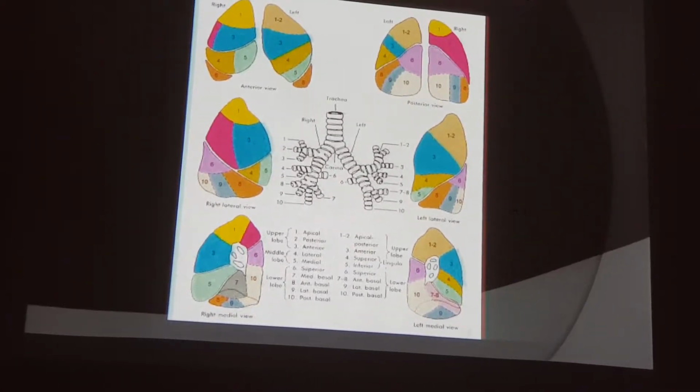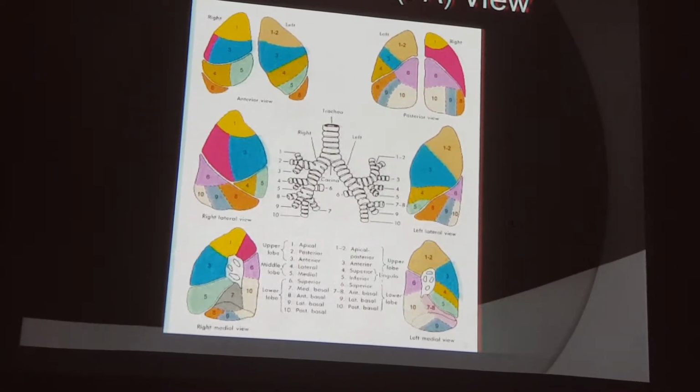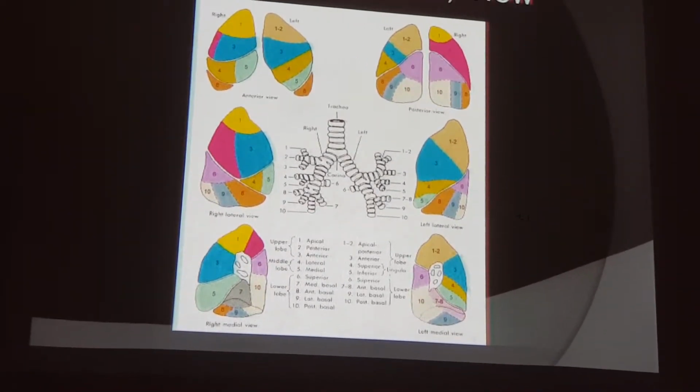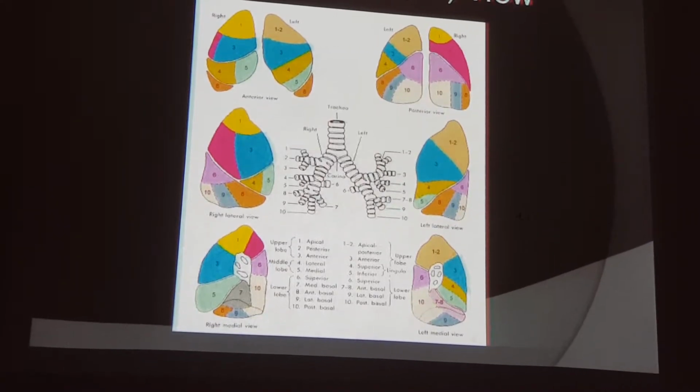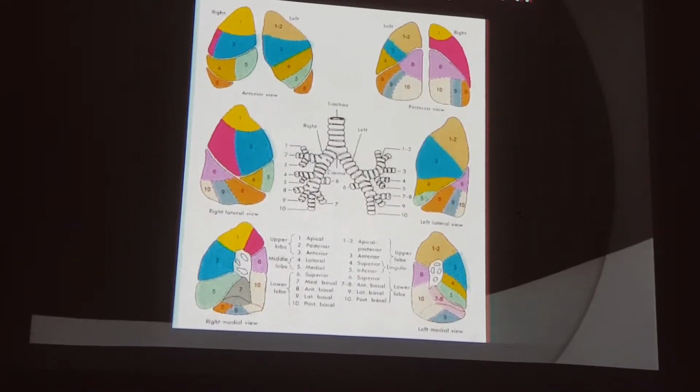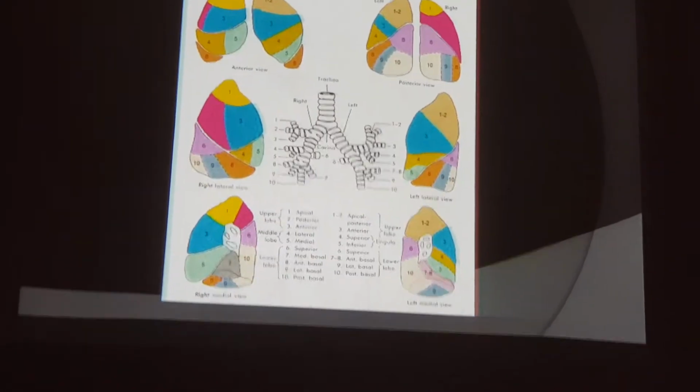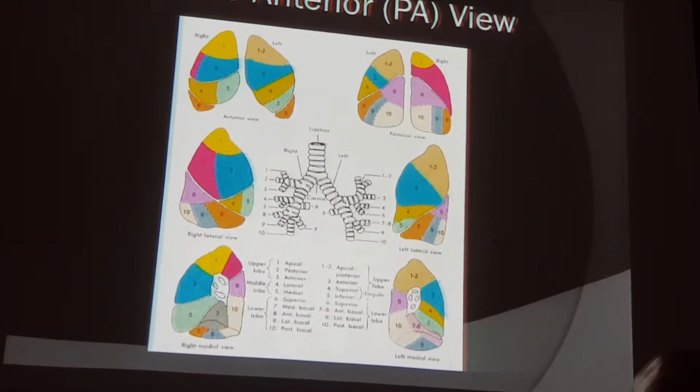If I can say medial segment of the middle lobe, I will say it. If I can't, I just leave it as middle lobe. But if you can be as specific as you can, that will really help with the quality of your reading. So how do you tell?